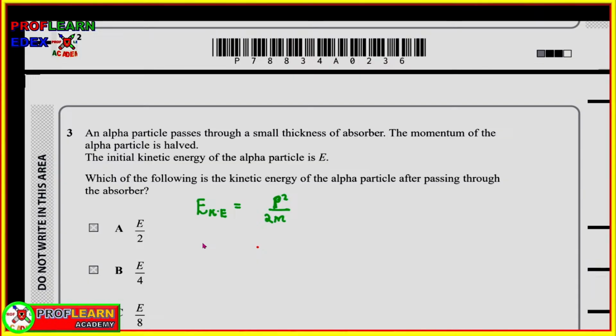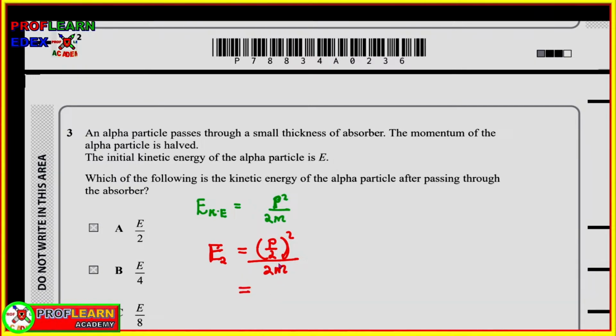If p is halved, because the mass will remain the same, it means that we're going to have (p over 2) squared divided by 2m. For instance, if that's the new kinetic energy, we shall denote it with E2.